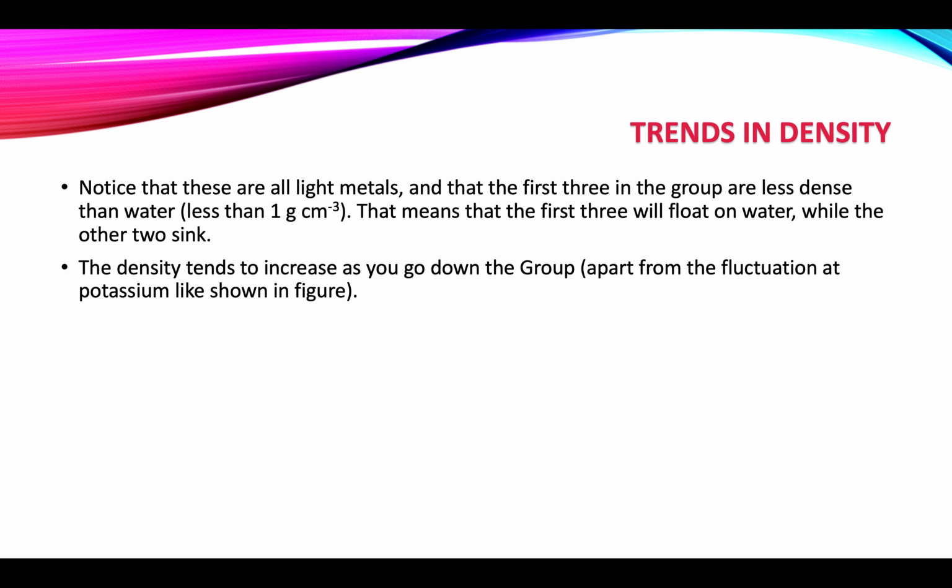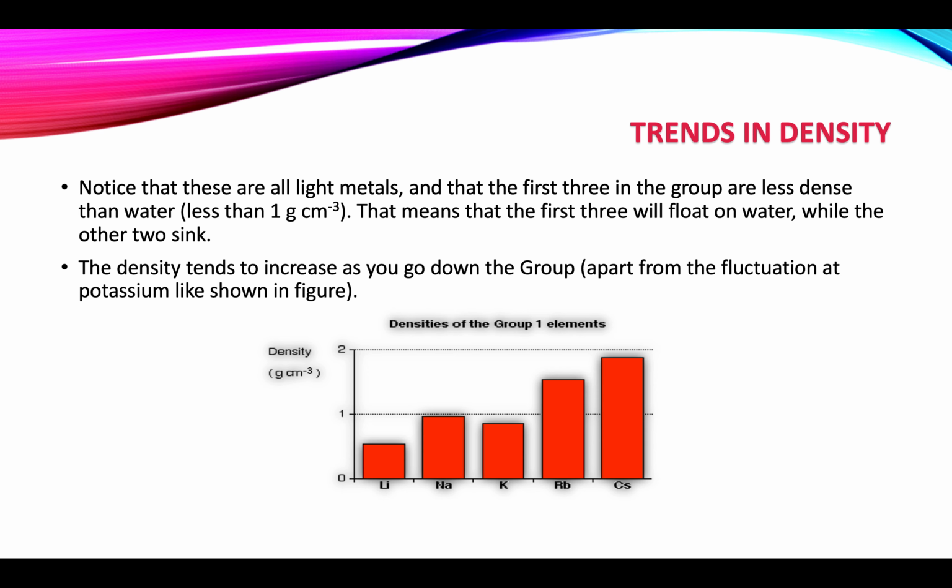According to the mass factor, as mass is increasing, the density of the alkali metals is also increasing down the group, as is obvious from the graph. But there is an anomaly over here: the density of potassium should be higher as compared to sodium, but in this case it is less. There is an abrupt or anomalous behavior in the case of potassium.